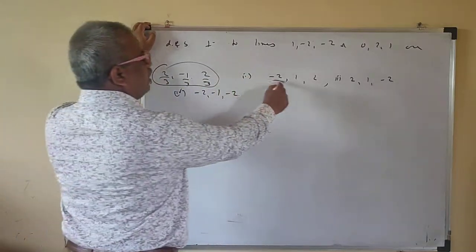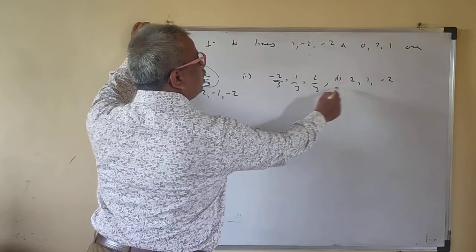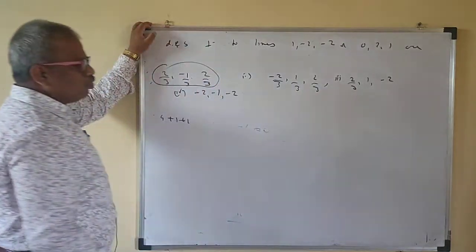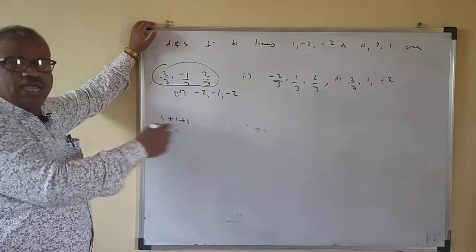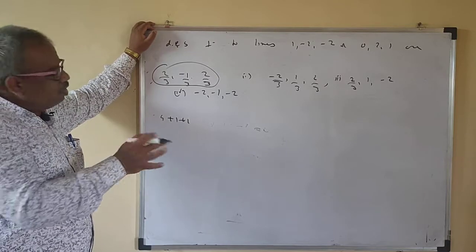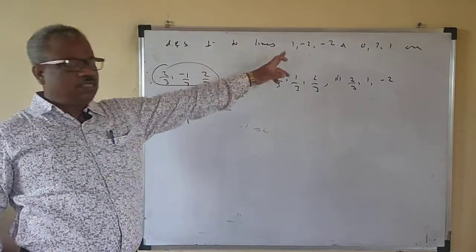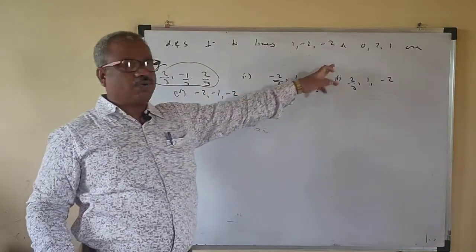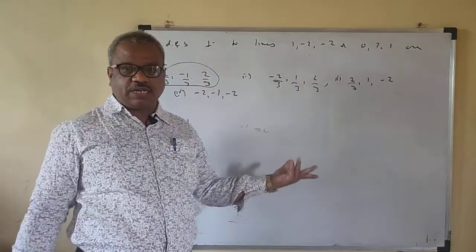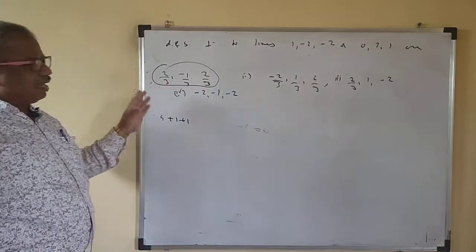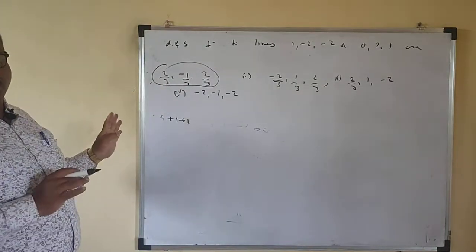They will give you something like this, with 3 in each place. Don't compute minus 2 by 3, because everywhere the denominator is 3. Forget that 3 and only keep the numerators: 2, minus 1, 2, and minus 2 here. Everywhere the denominator is the same, so just take the numerators only.